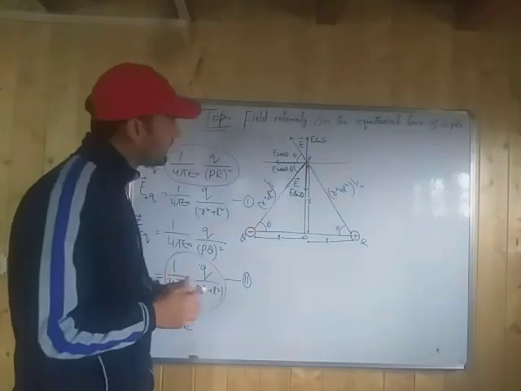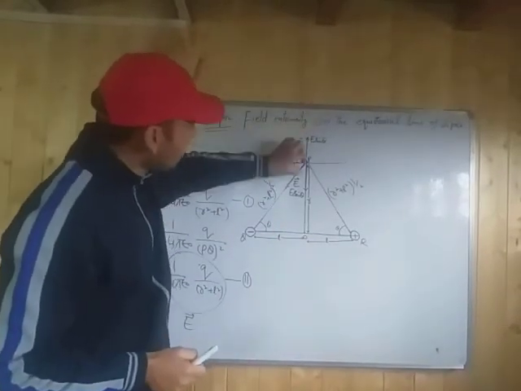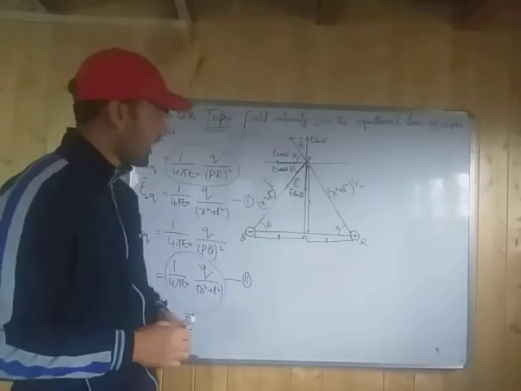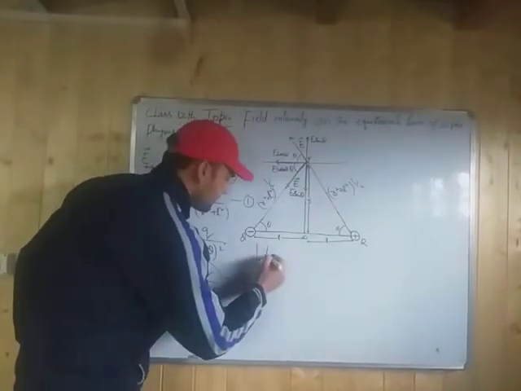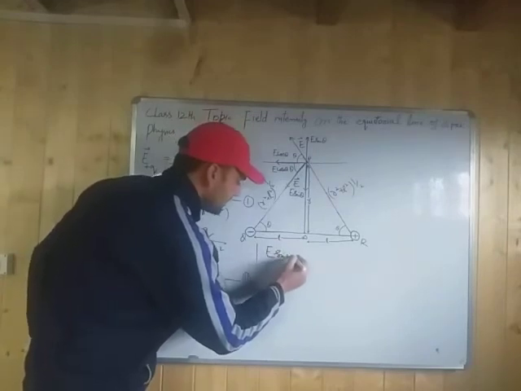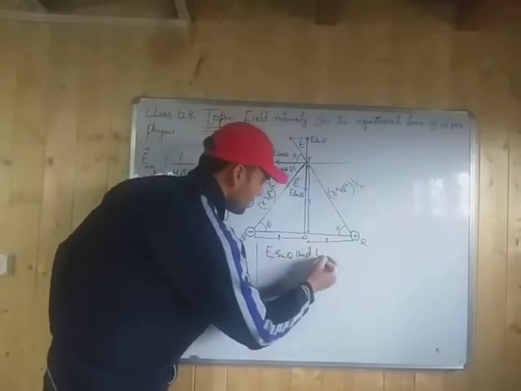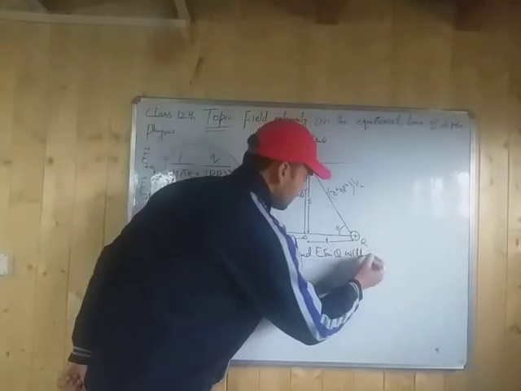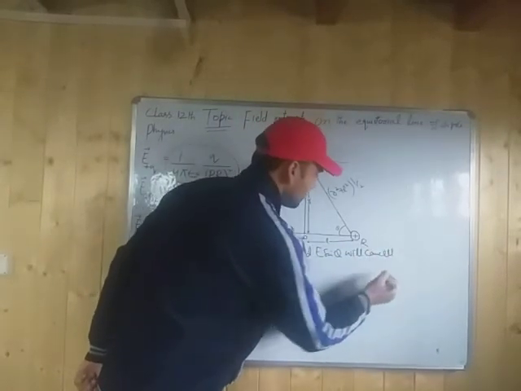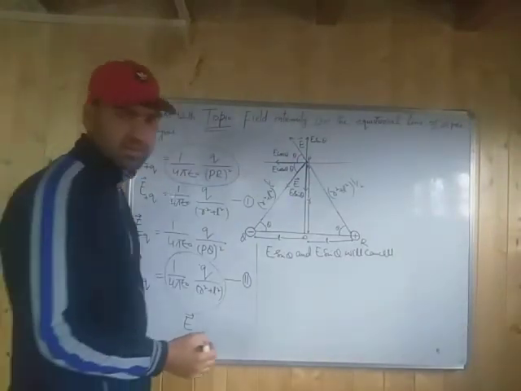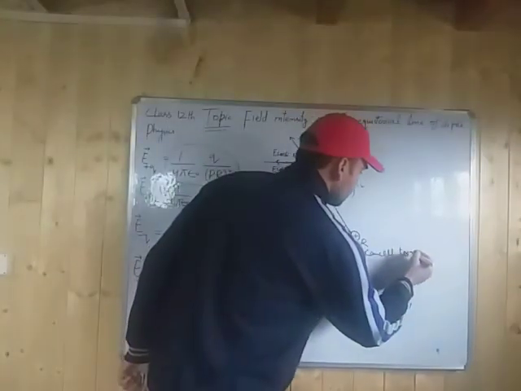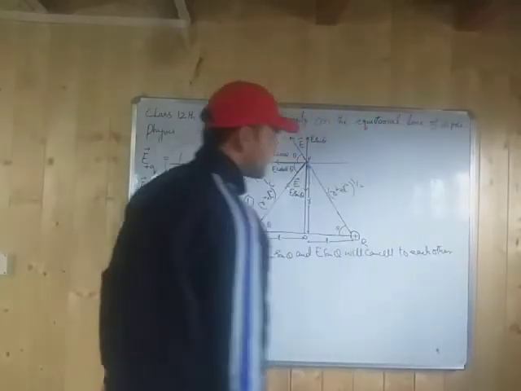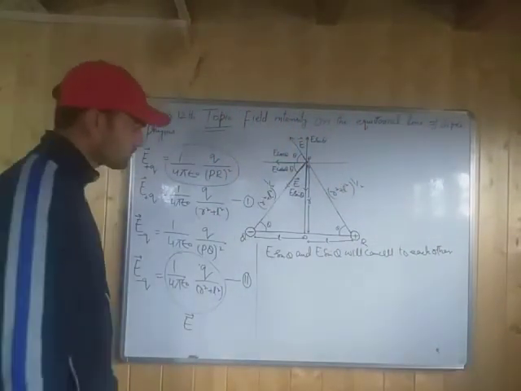So this E sine theta and this E sine theta will cancel each other because they are on opposite sides.